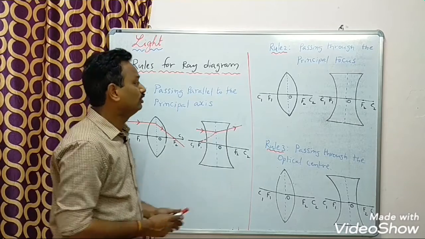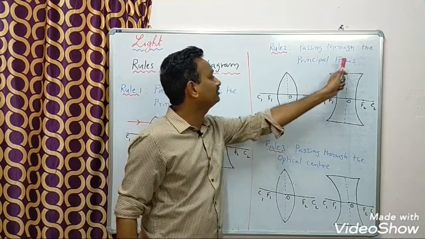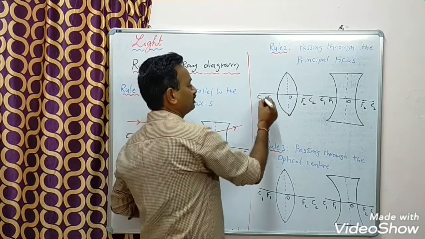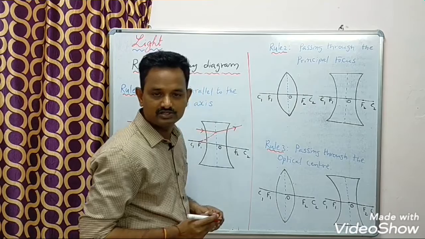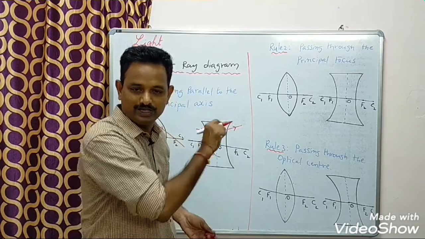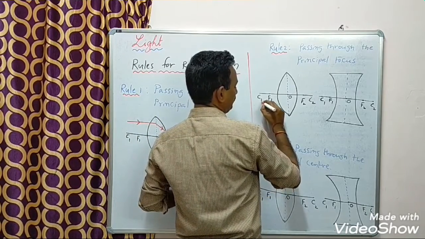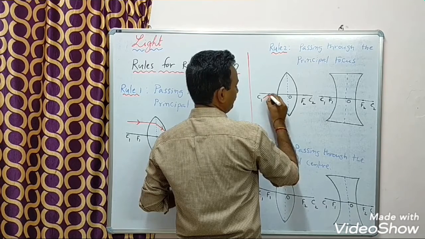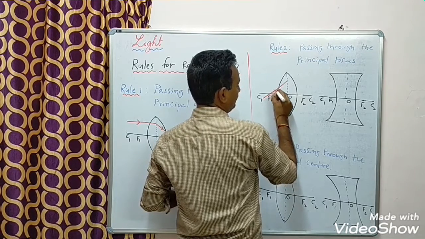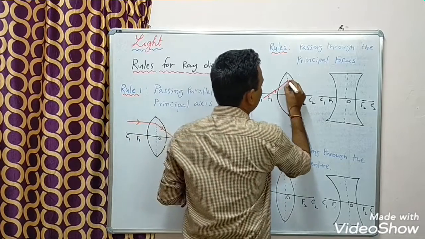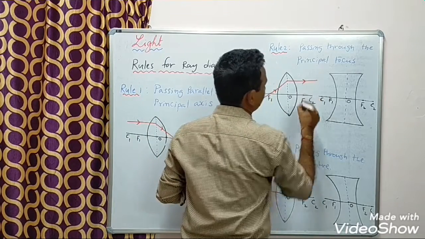Now, rule 2. Passing through the principal focus. When light ray is passing through the principal focus of a lens, what happens? Look at here. See, a light ray is passing through the principal focus of a convex lens. After refraction, it will go parallel to the principal axis.